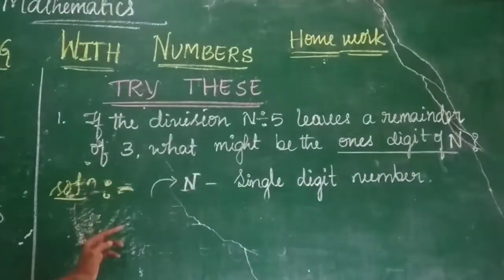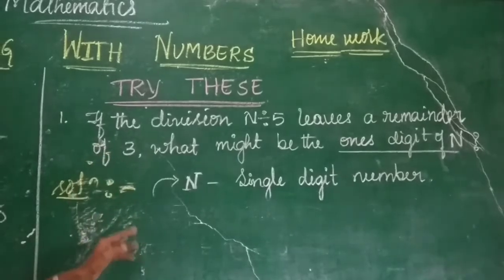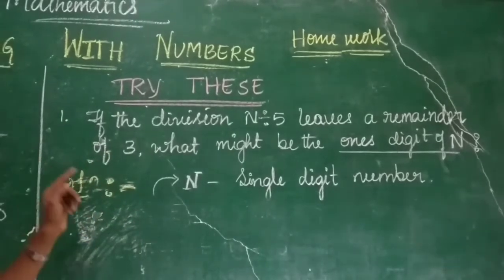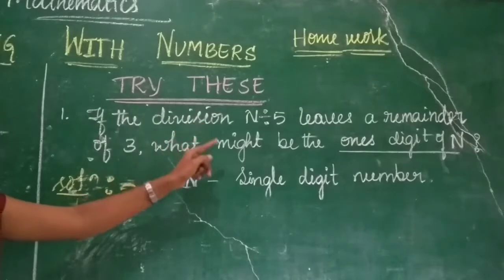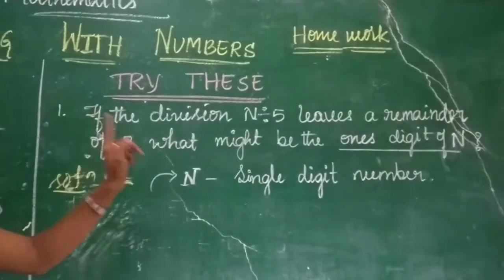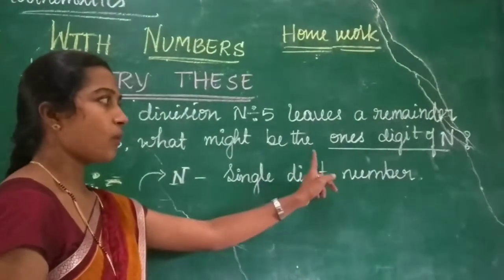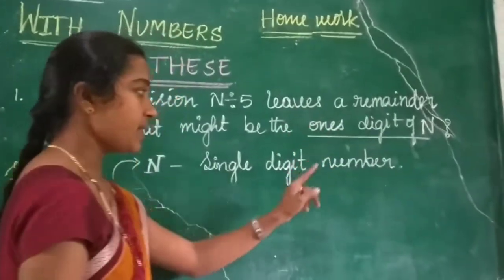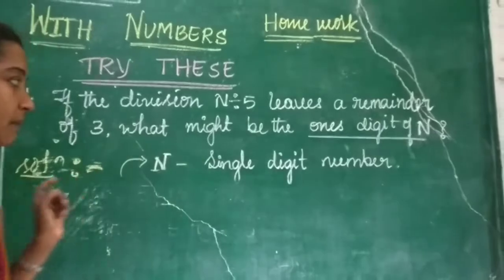Look at children here. What is being asked? There is a number. That number is divided by 5. It leaves a remainder of 3. And the number must be a one digit number, that means a single digit number.